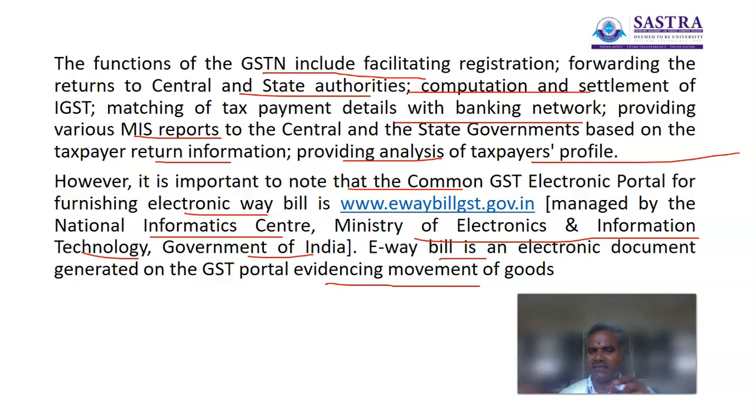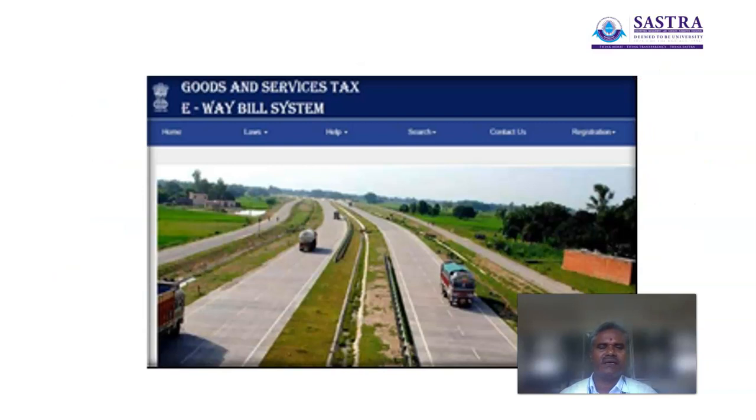You need not write anything manually. Suppose you want the cumulative GST value, the system will show the overall amount collected by you by way of GST. This is the e-way bill system.